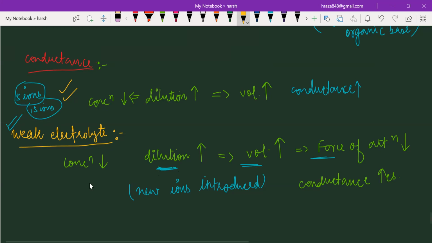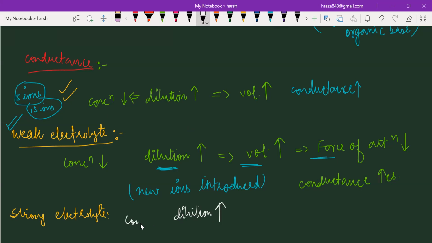Now, see about a strong electrolyte. If you are going to dilute the solution, the concentration decreases and the volume increases.